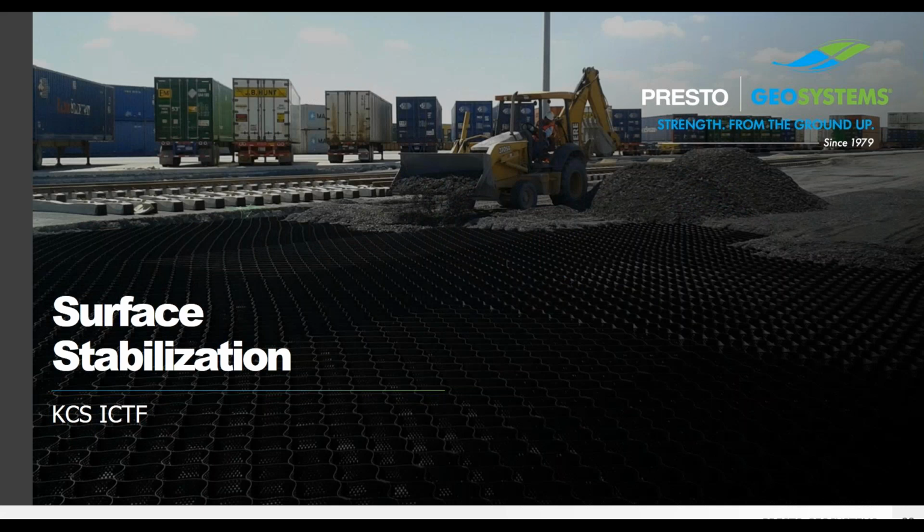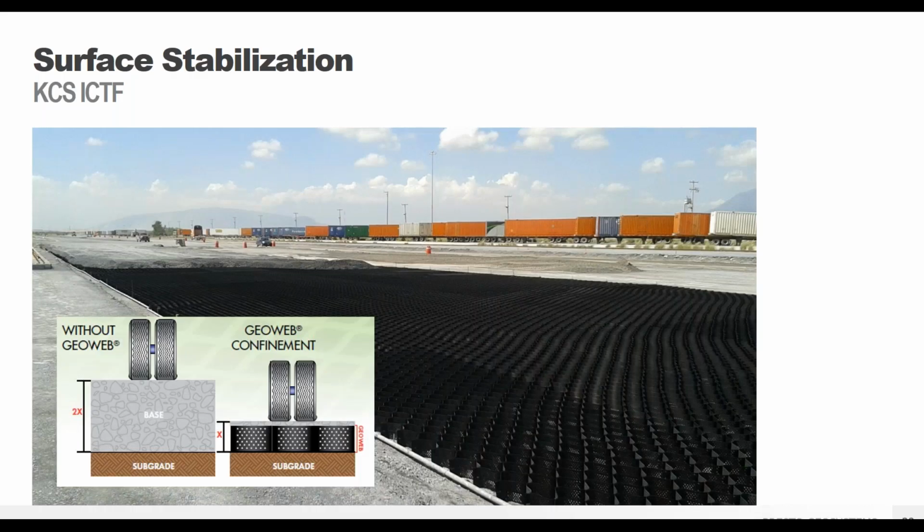Another one was a storage yard project in Mexico for Kansas City Southern Rail. So this was another value engineered solution. The original design called for 16 inches of reinforced concrete, but the cost was way over their budget. And the railroad reached out to us directly to come up with this value engineered solution.